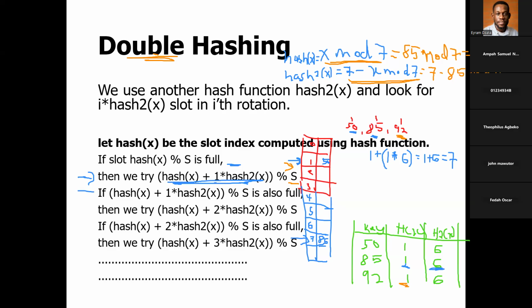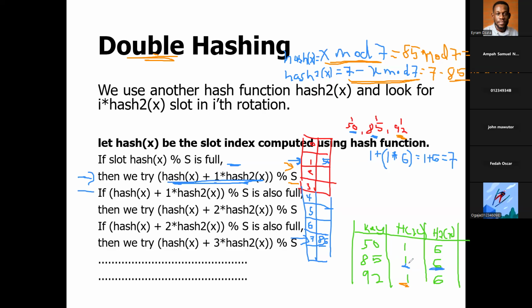That will give us 7 minus 1, because 85 mod 7 is already 1, giving us 6.